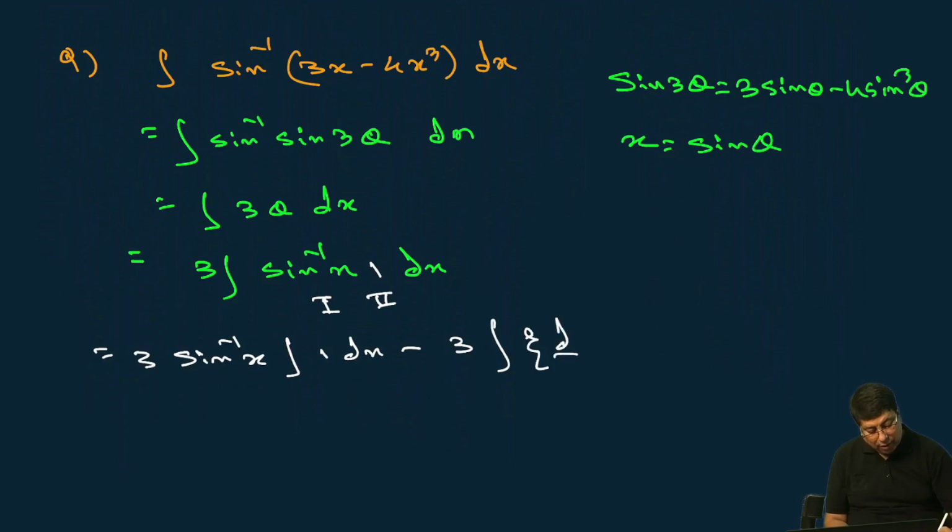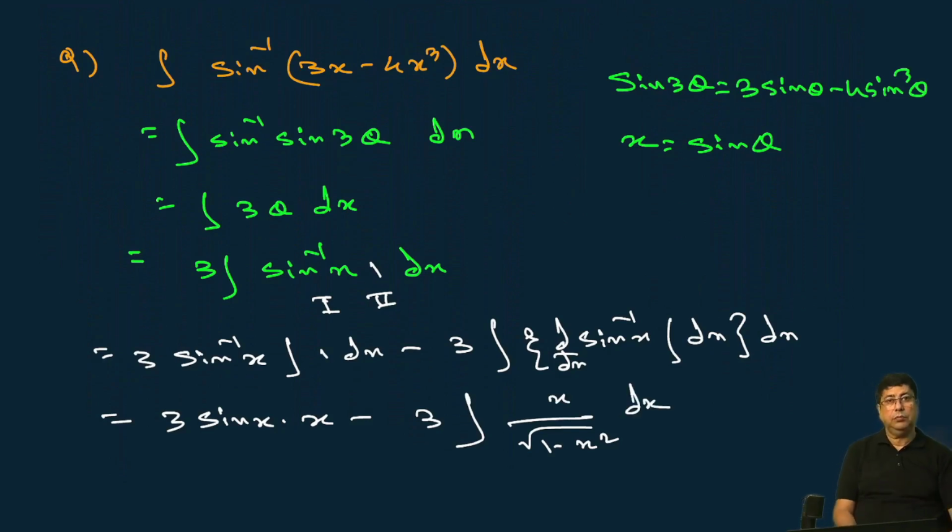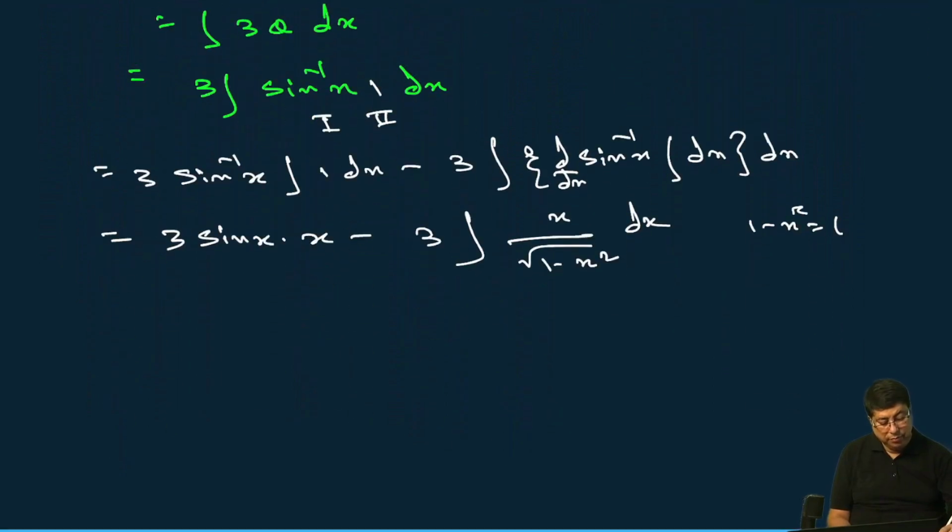derivative of sin inverse x into integration of dx. Therefore 3 sin inverse x into x minus 3 integration of derivative of sin inverse x, 1 by root over 1 minus x square, into x dx. If we take here 1 minus x square equal to t square, so x dx equal to minus t dt.